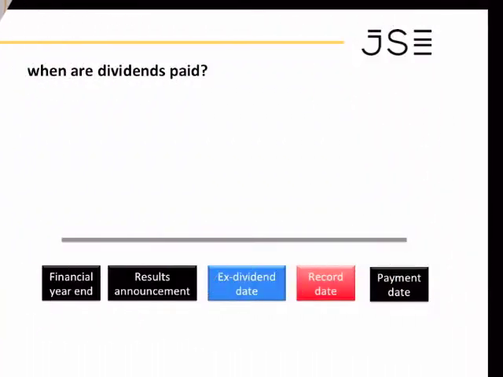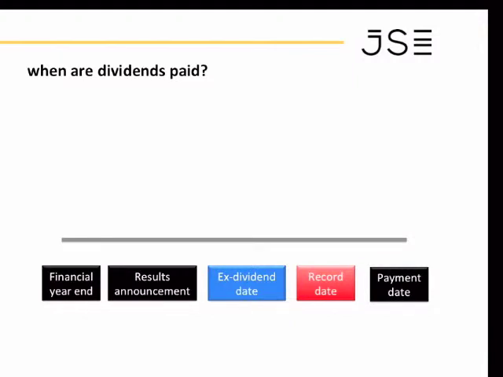If you buy a share today and then sell it to another investor, and that investor buys the share after the ex-dividend date, they won't get that dividend that was announced. And then obviously the payment date, very self-explanatory, is the date on which the dividend gets paid.